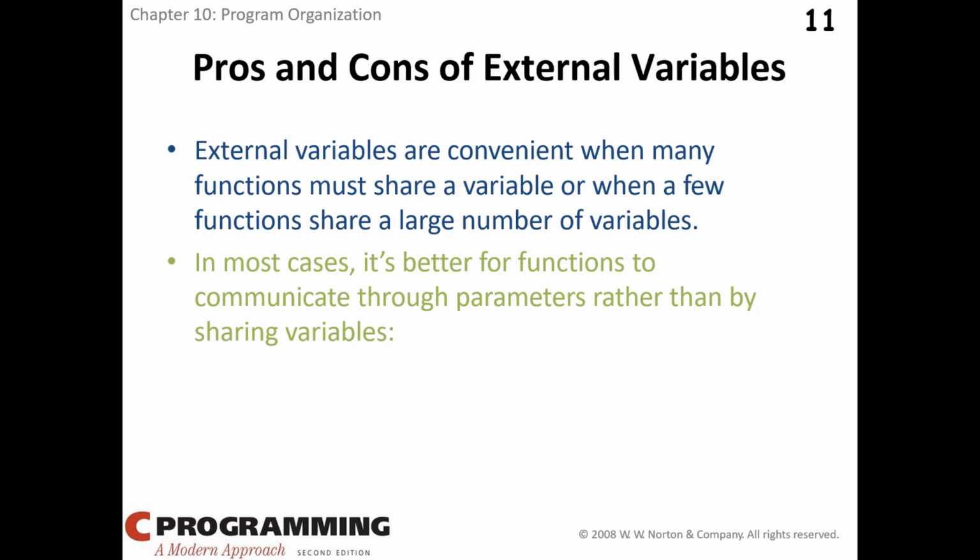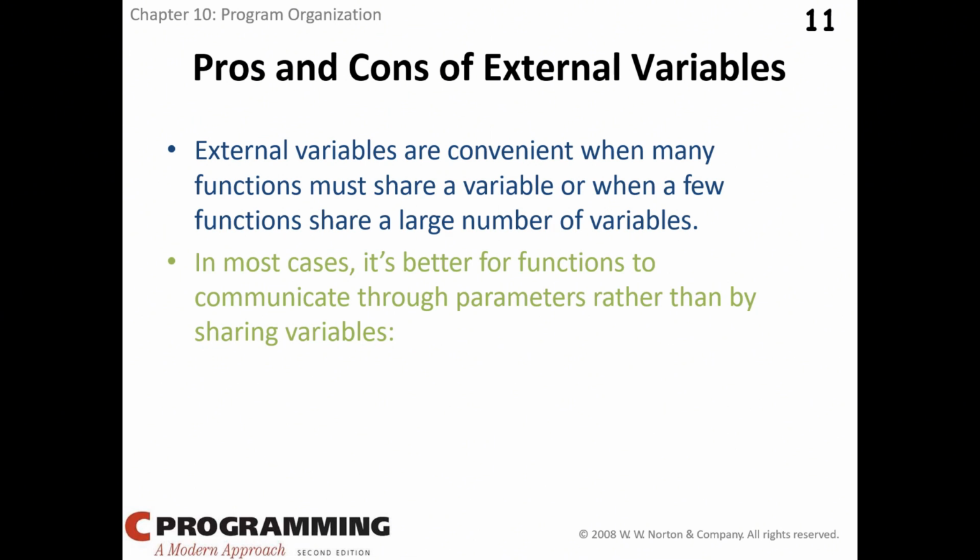External variables can be quite convenient in certain situations, and they're particularly useful when multiple functions need to share a variable, or when a few functions need access to a large number of variables. In such cases, using external variables can simplify the communication between functions and streamline the program structure.